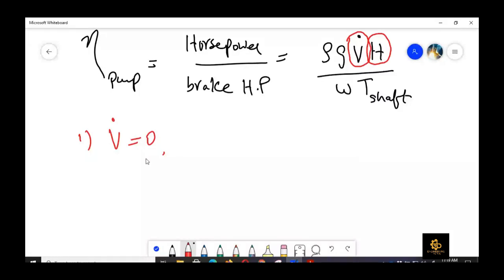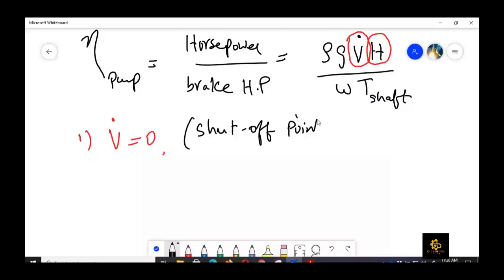The motor is providing power, but because the valve is closed, it cannot take the water there. So the net head developed would be maximum, because the pressure is there, but the water cannot travel upwards. We usually call it the shut off point or state.